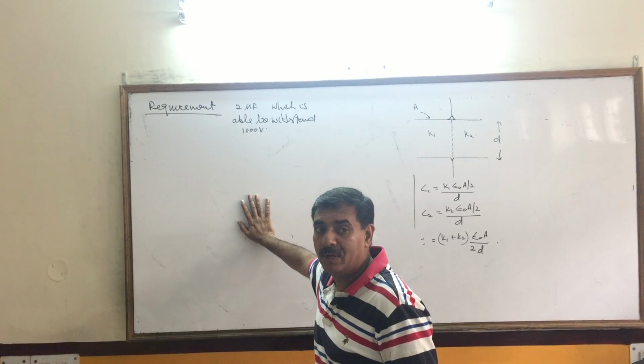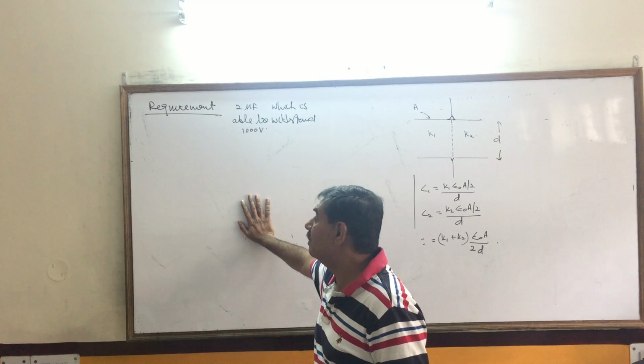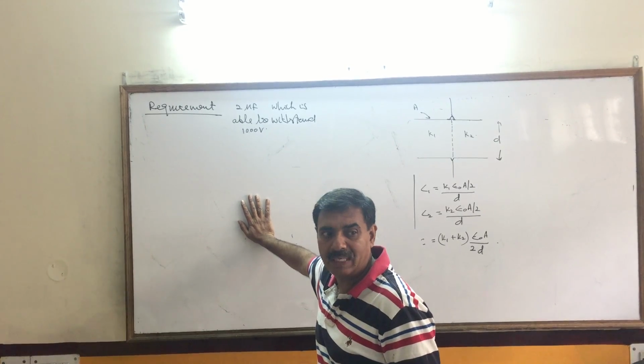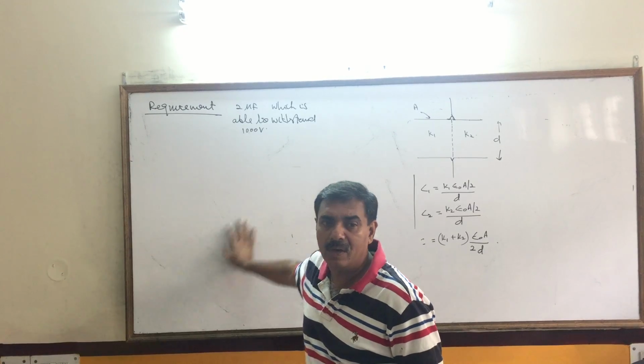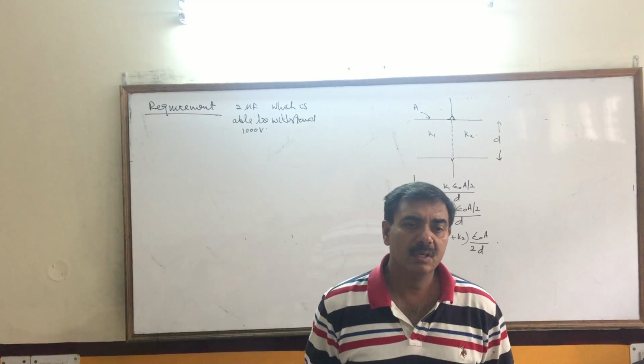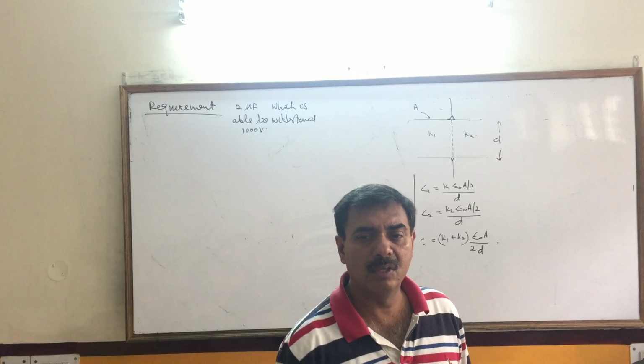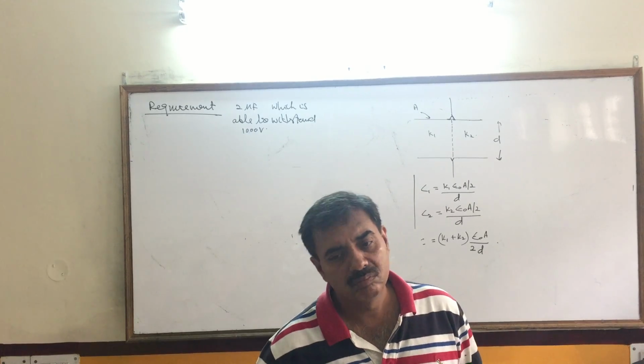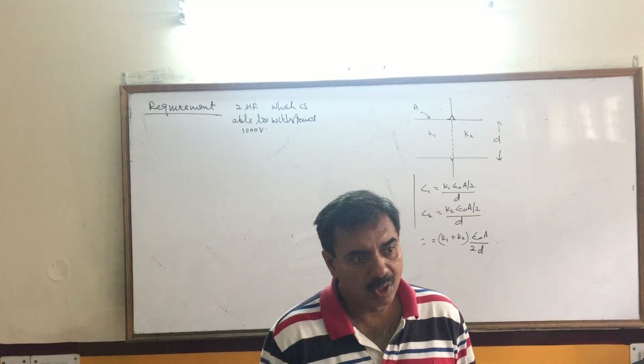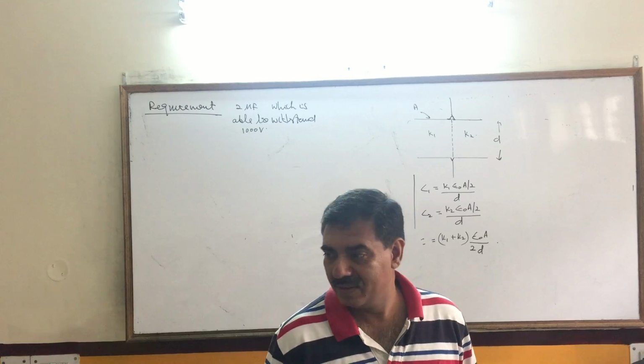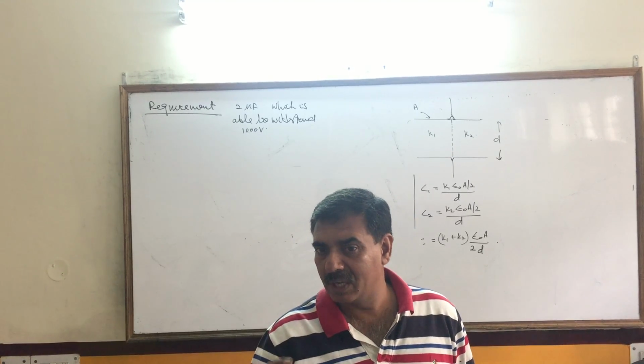The maximum it can be charged to is 1000 volts, and that is the maximum energy that can be stored in the medium of the capacitor. The moment I put it across a potential difference greater than 1000 volt, it's going to burst. बर्दाश्त नहीं कर सकता.